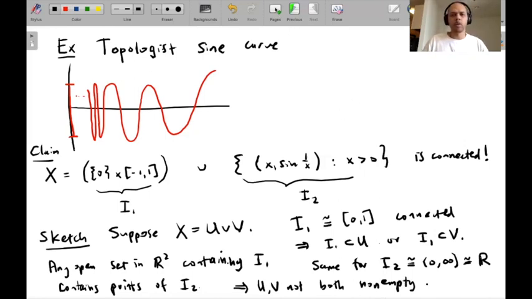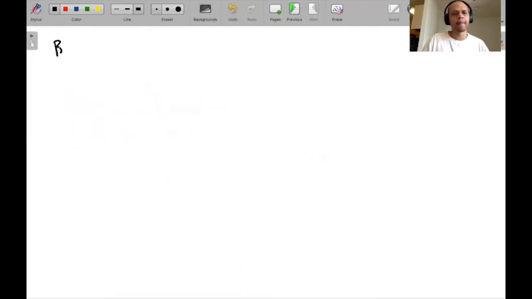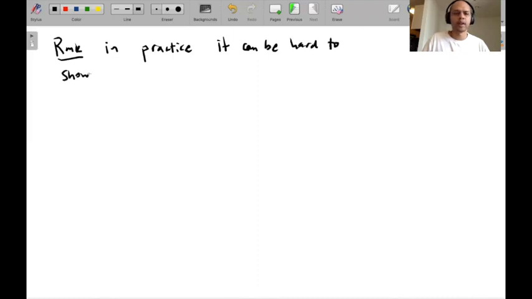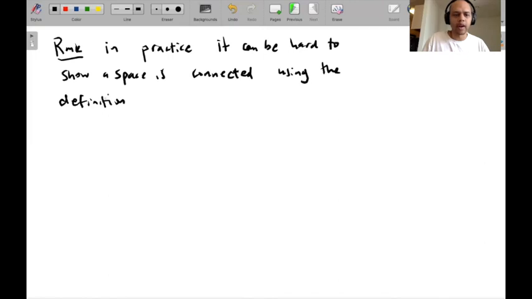So one final remark, which is that in practice, it can be hard to show a space is connected directly from the definition.